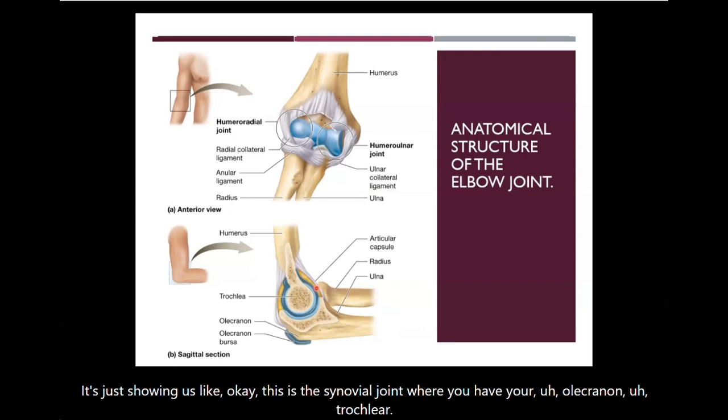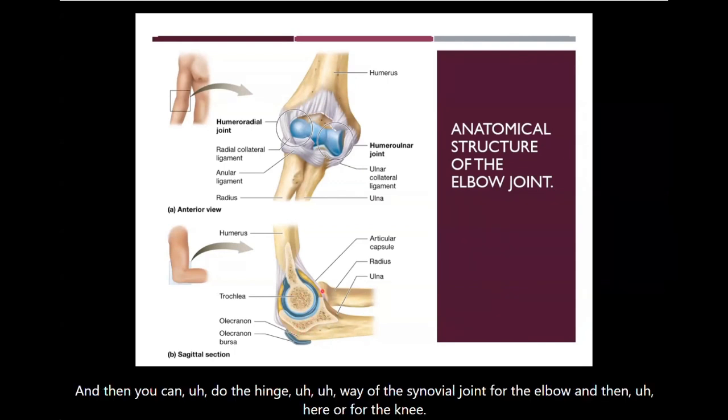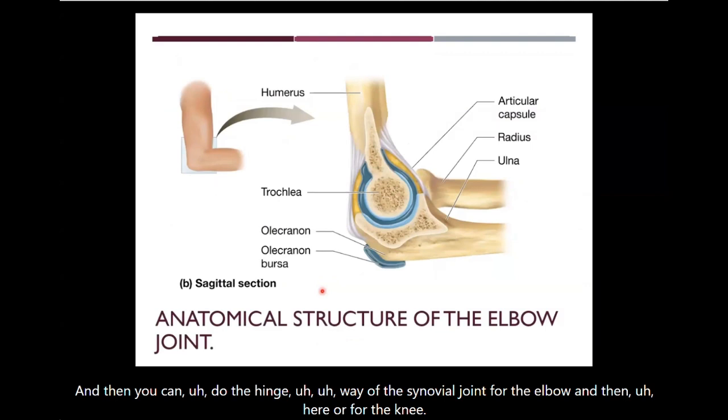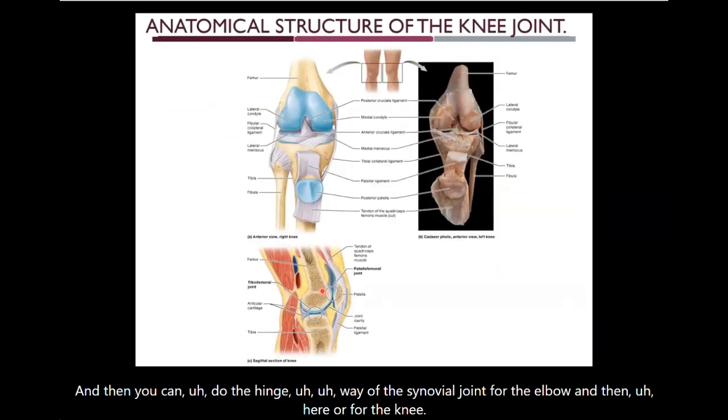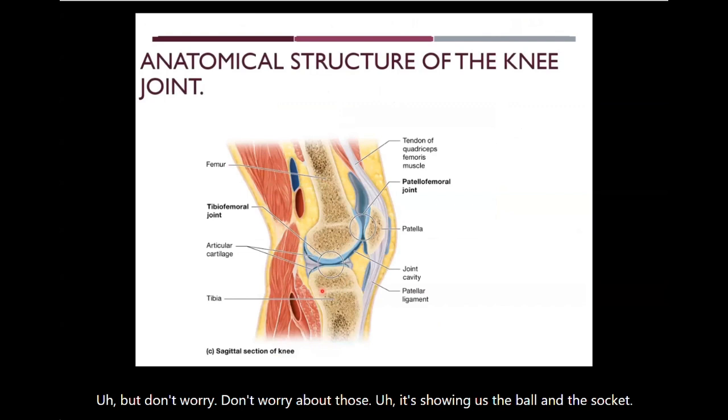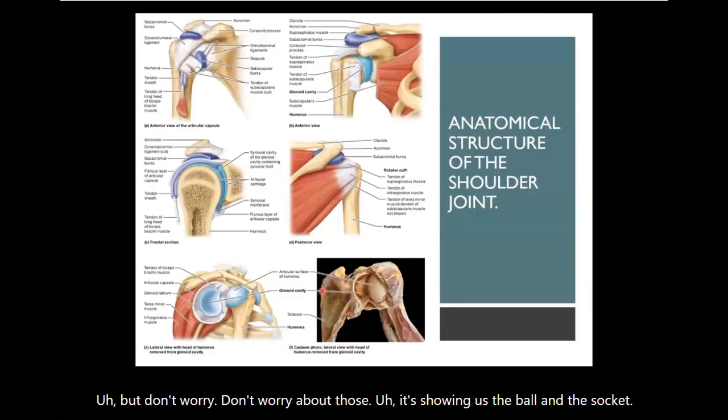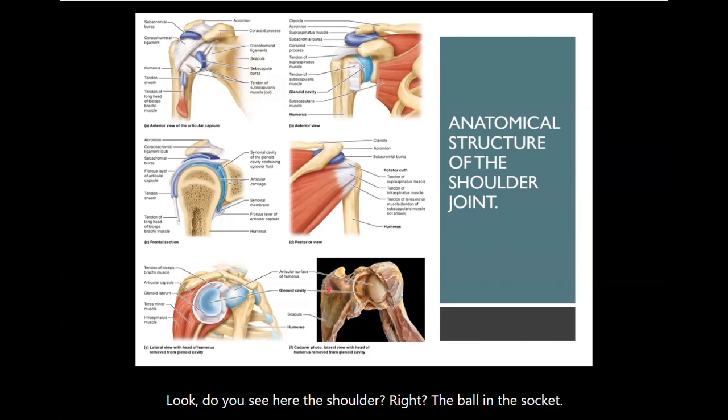It's just showing us, okay, this is the synovial joint where you have your olecranon, trochlea, and you can do the hinge way of the synovial joint for the elbow, or for the knee. But don't worry about those. It's showing us the ball and socket. Look, do you see here the shoulder, right? The ball and socket.